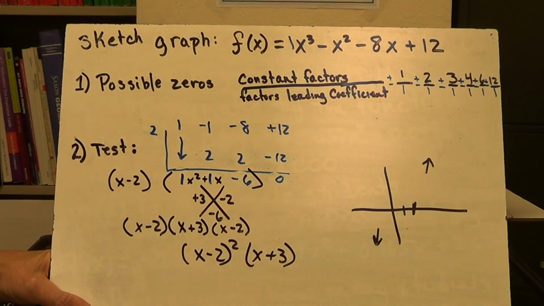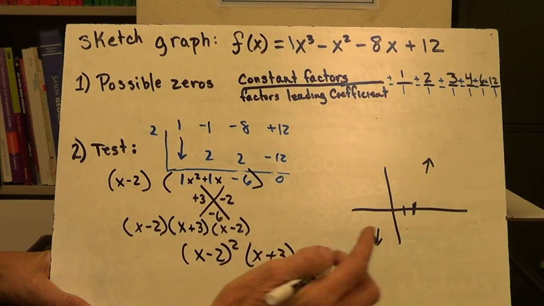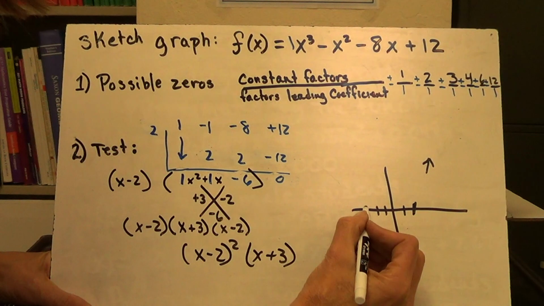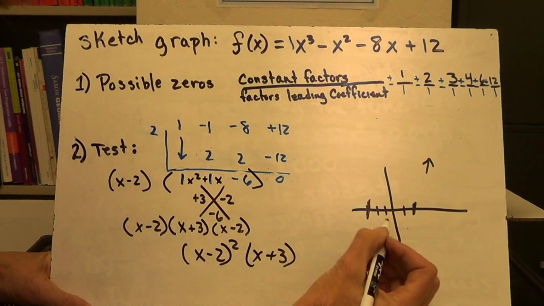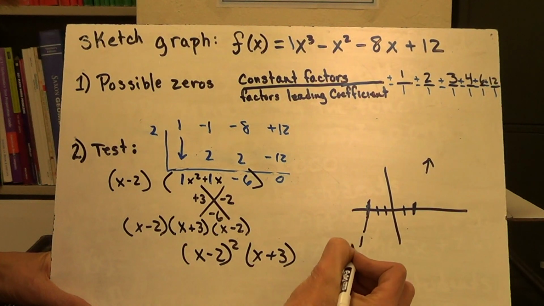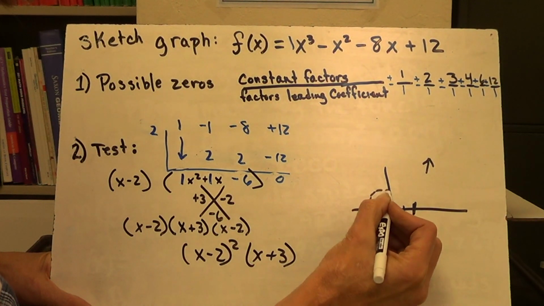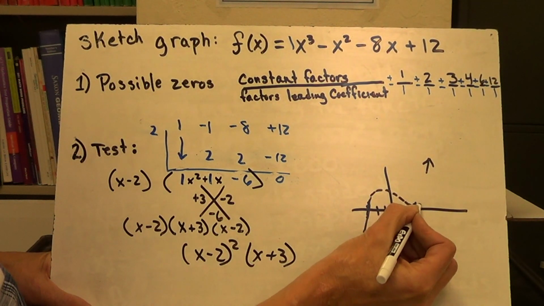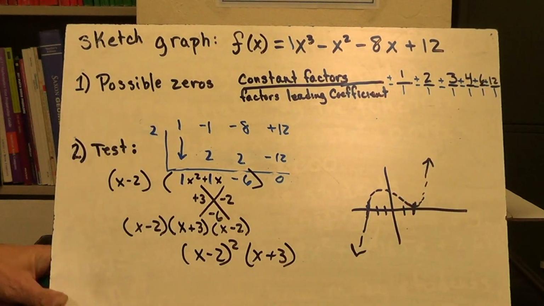And it's going to be tangent. X plus 3 would be x equal to negative 3. And it goes through. So I connect this, going through, come over here, and I go tangent at the 2 and back up. That's how you sketch these. Have some fun with it.